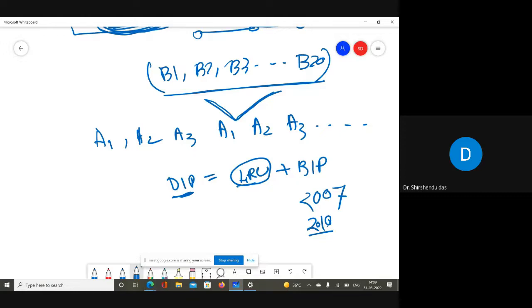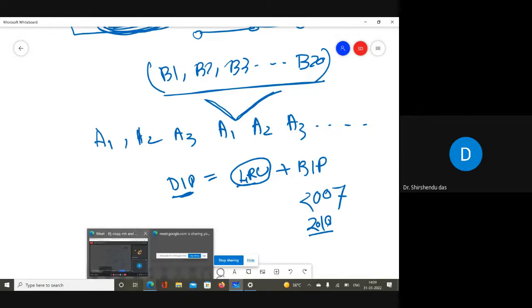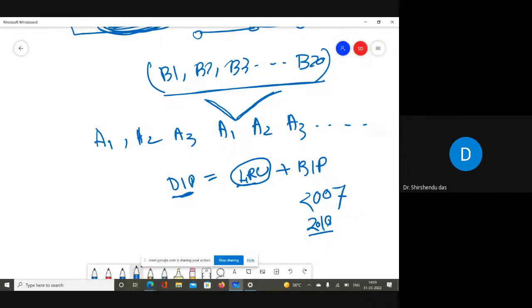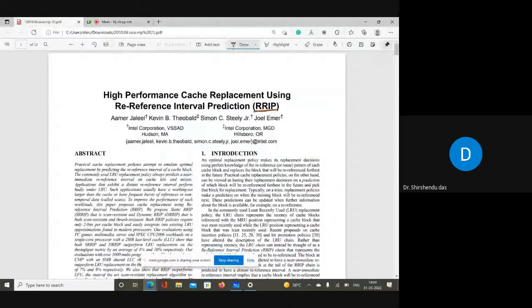So I think I have explained the main problem of DIP here: if it is a thrashing application, then sometimes it creates problems. Now this paper proposes the replacement policy they call RRIP. RRIP means re-reference interval prediction.